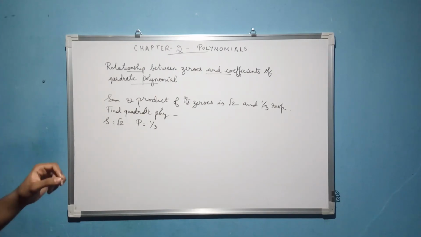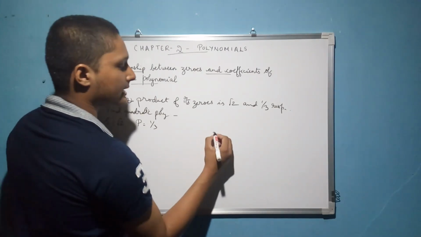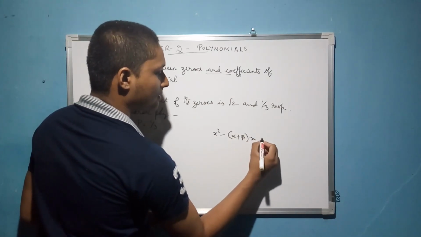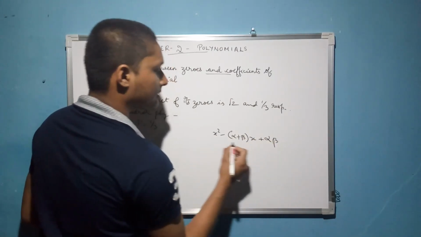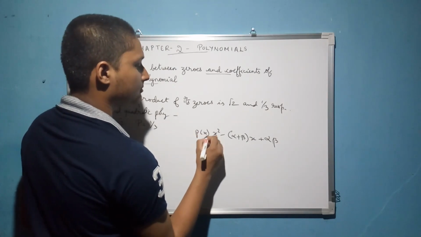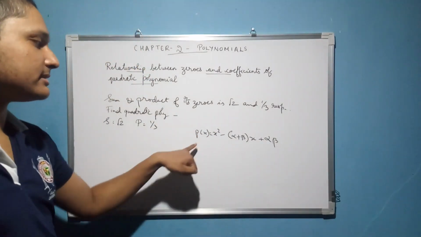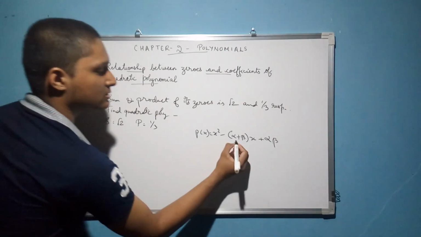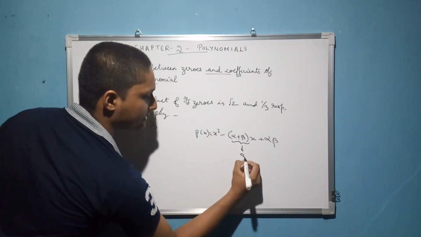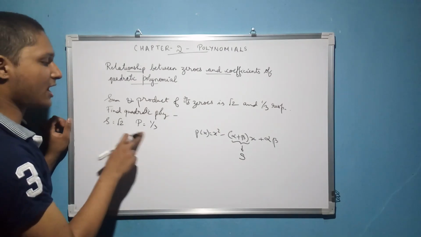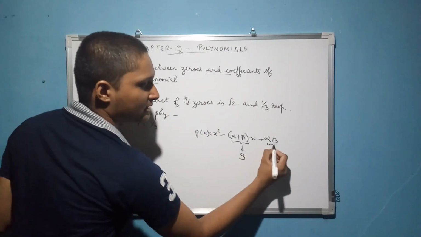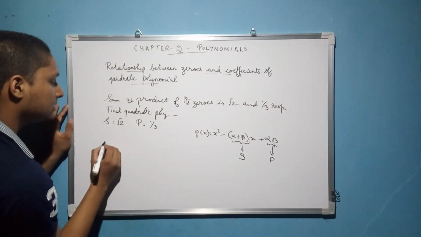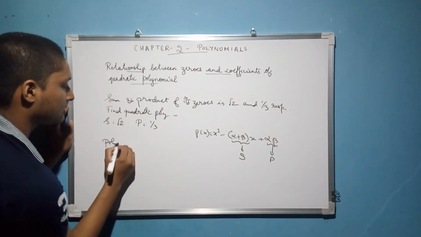You had a form that is x square minus alpha plus beta into x plus alpha beta, that is p of x. I had shown you this. This form we are going to use here. Here this is the sum, so in place of the sum I should write root 2, and you have the product to be 1 by 3. Here I am going to write the product.